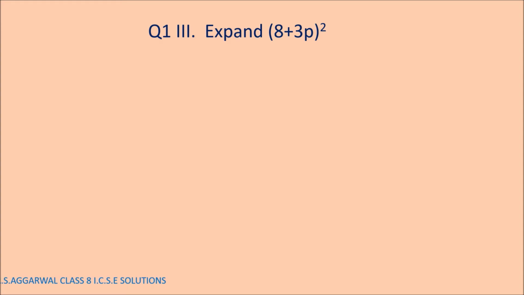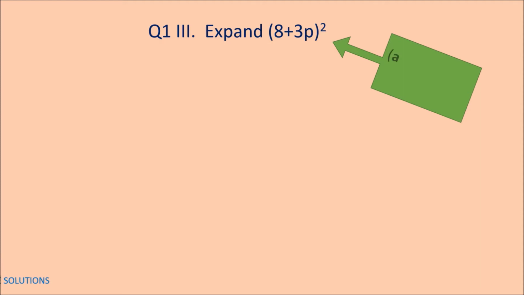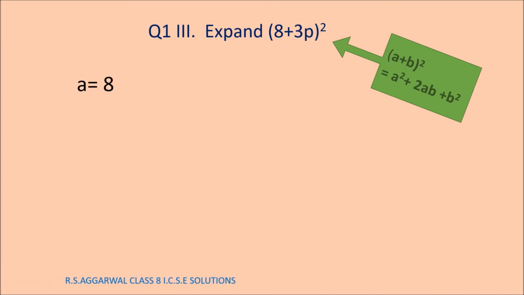So let's solve question number 1 from exercise 13C, third part, a plus 3p the whole square. Now this is based on the identity a plus b the whole square, which is equal to a square plus 2ab plus b square. Now here a takes the value of a and 3p takes the value of b. So what do we get here?